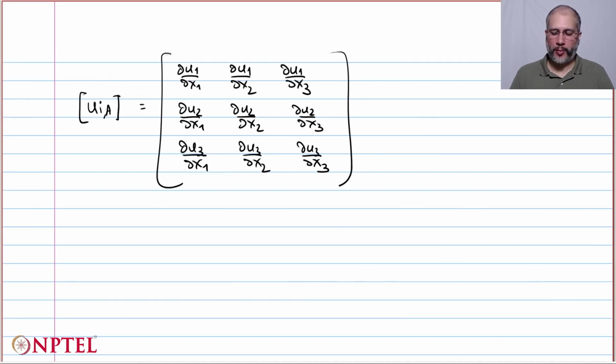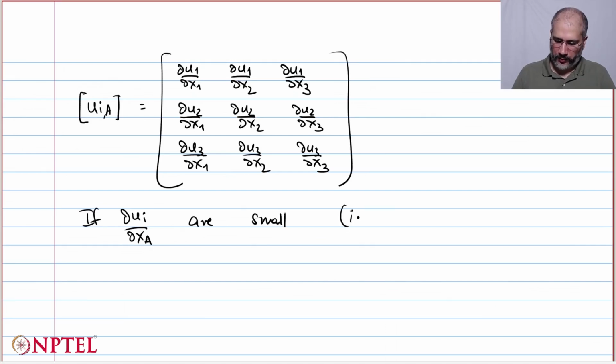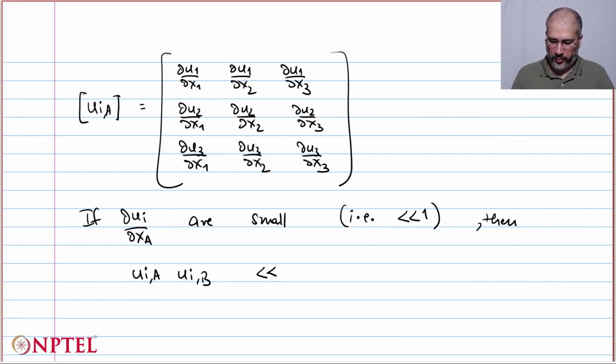So if the terms of the displacement gradient tensor, that is the terms del ui by del capital Xa, are small, that is, they are much less than 1, then we can clearly see that if I take a product of any two terms in this tensor, that is, the product of, let's say, ui comma a and ui comma b, then this is going to be much less than u a comma b.